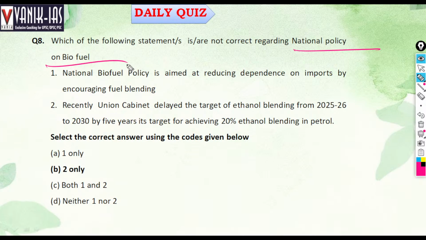And the Union Cabinet has delayed the target of ethanol blending from 2025 to 2026 by 5 years. It is achieving the target of 20% ethanol in petrol.